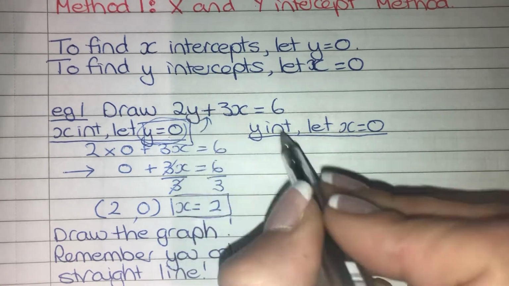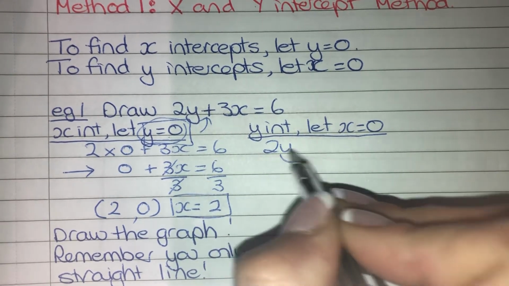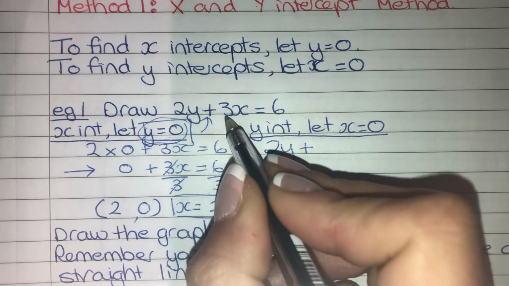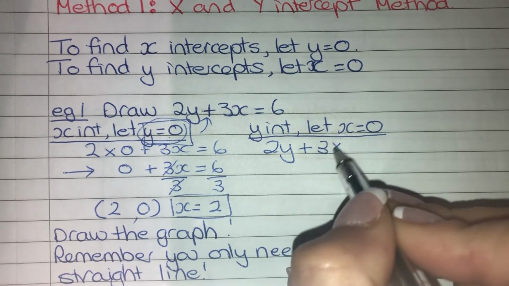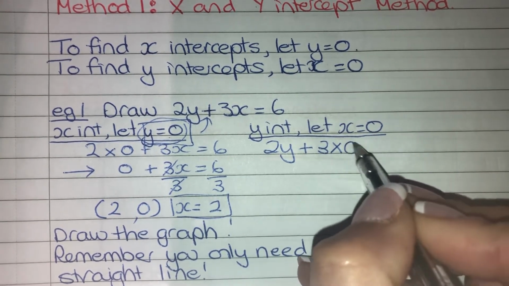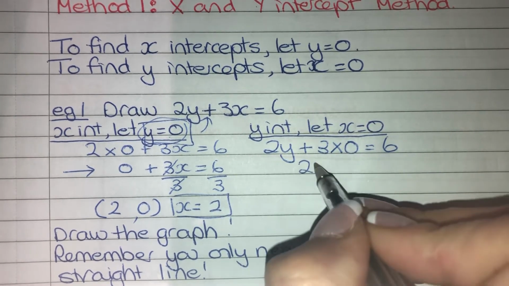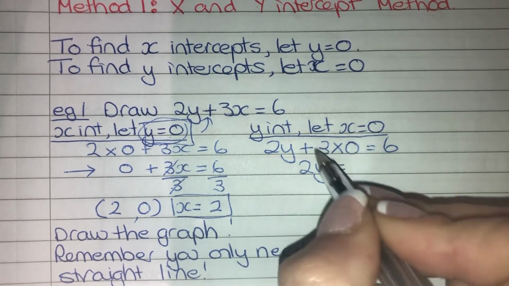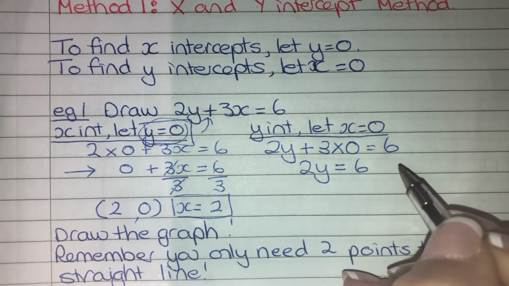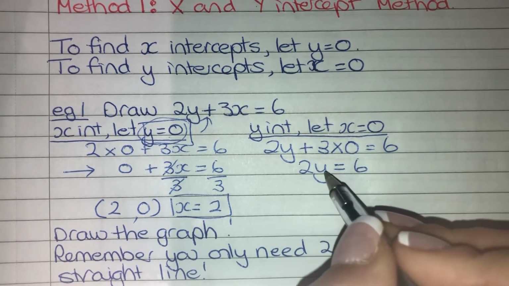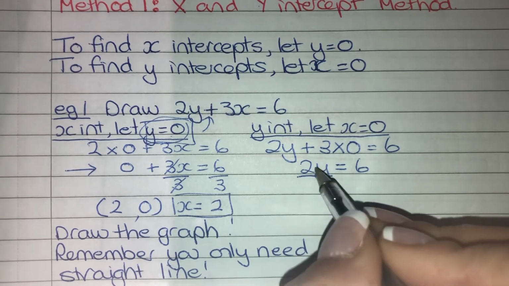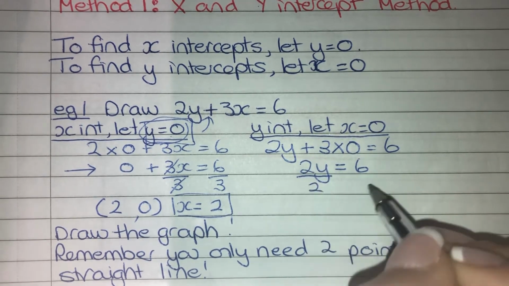So looking back up here, we're trying to find y, so it's 2y plus 3 times 0 is equal to 6. So we're going to have 2y. This becomes 0, so it's just equal to 6. 2 times y, the opposite of times is divided by, and the number is 2.